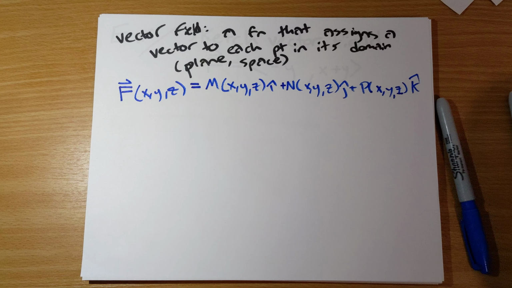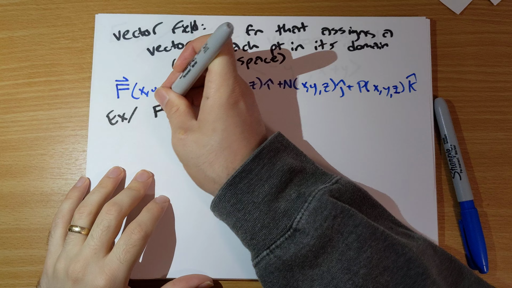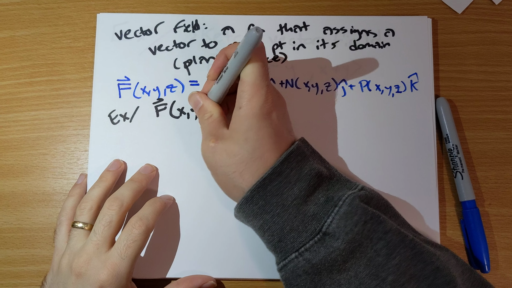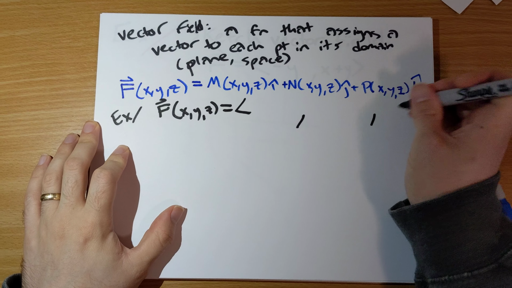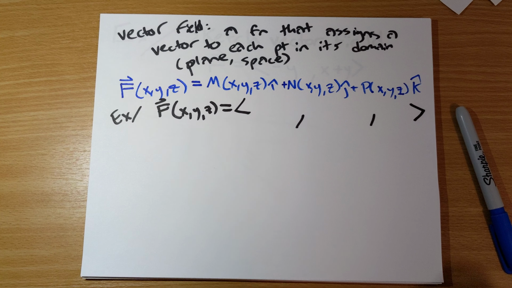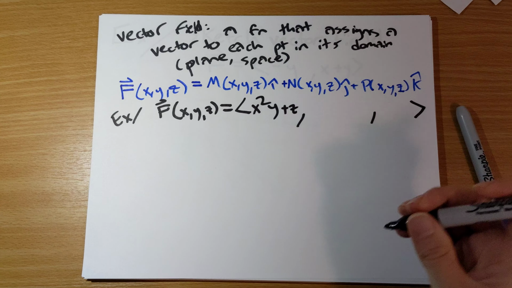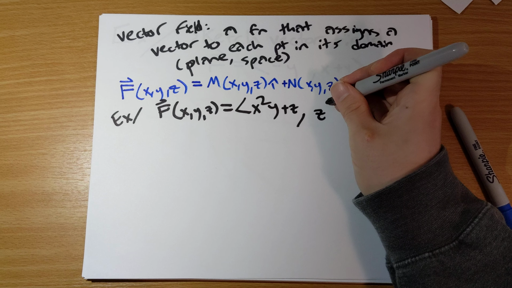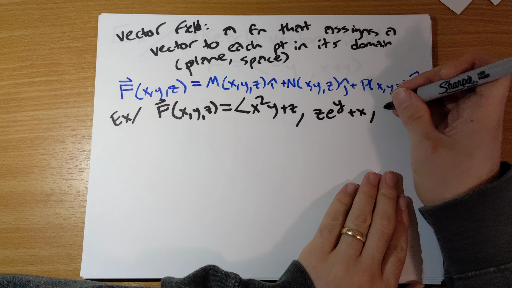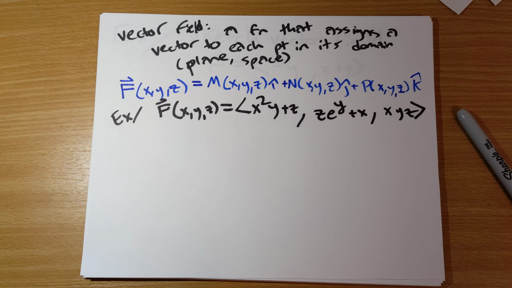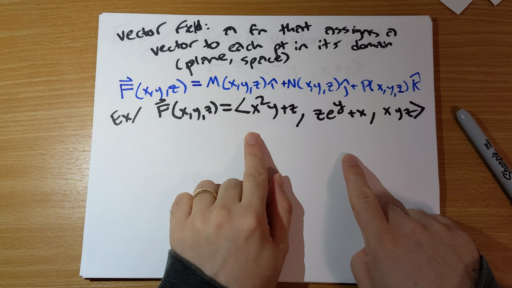An example of this would be F of x, y, z is equal to, I'm going to write it in this notation here, x squared y plus z, comma, z times e to the y plus x, comma, x y z. And so this is our vector field.